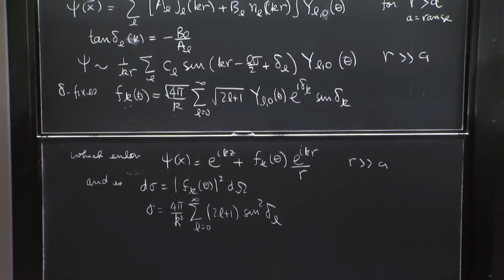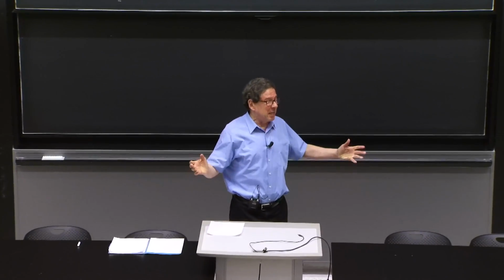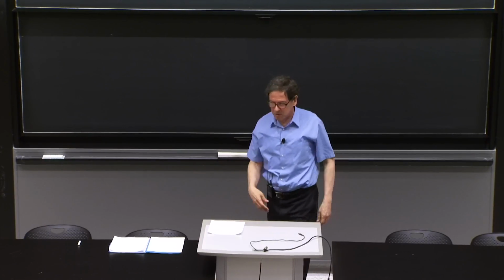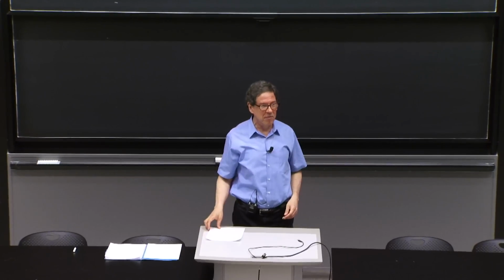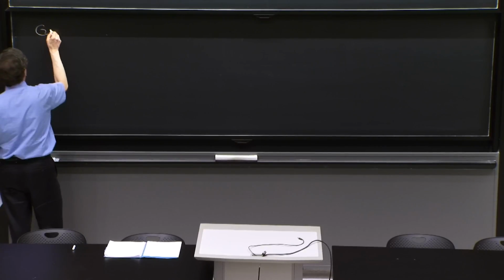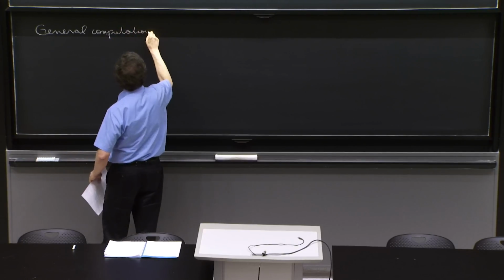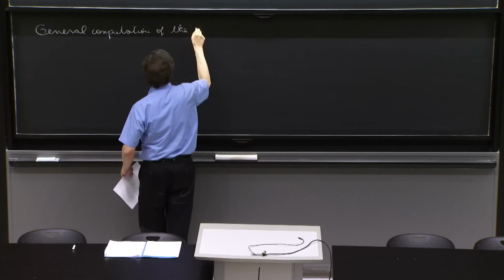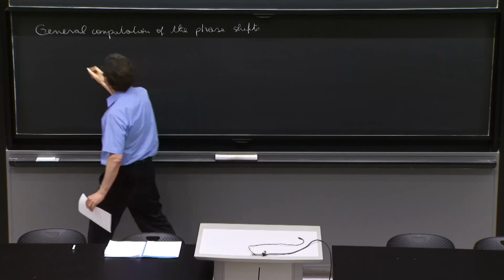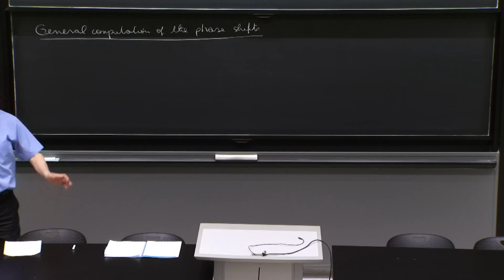You're given a problem, maybe like the problems in the P set, and you need to find the phase shift. So where do you begin? There's nothing in there that seems to say, OK, this is the way you're going to find the phase shift. So let's do this. General computation of the phase shifts.